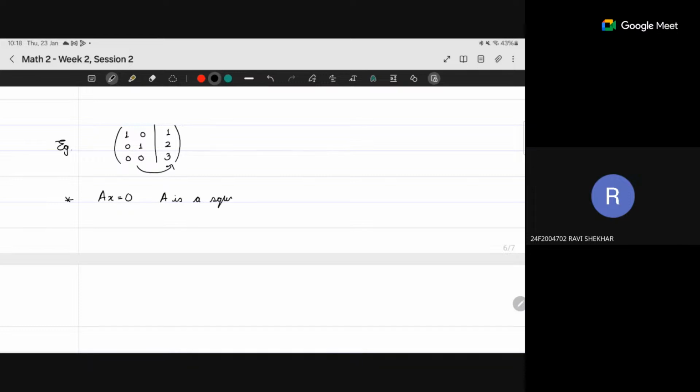And the same for non-homogeneous equations. Let's say we have a square matrix, then either we'll have an infinite solution or we'll have no solutions. No, they can be unique also. Determinant of A not equal to 0 gives you a unique solution.